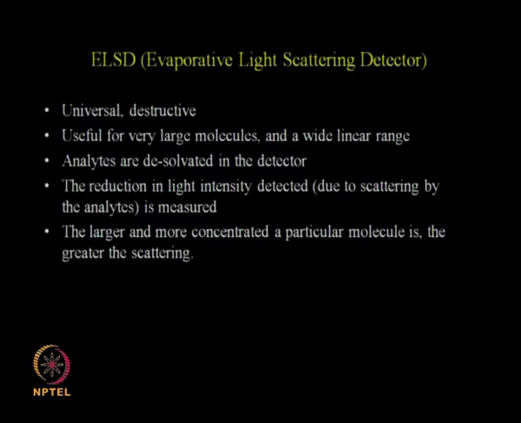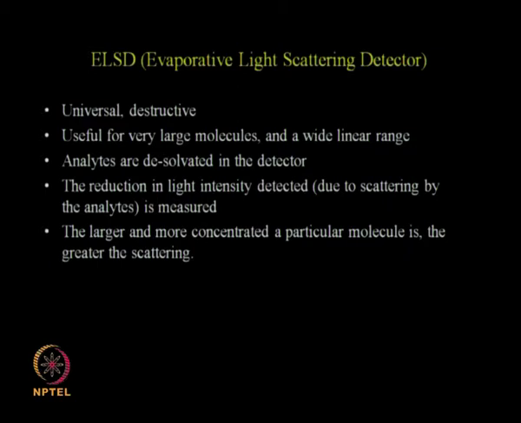The analytes are desolvated in the detector, okay, the solvent gets evaporated, and the reduction in the light intensity is detected, due to the scattering by the analyte. So that is why, as the name implies, it is light scattering. The laser falls on the analyte or the solute and it gets scattered, which is measured.